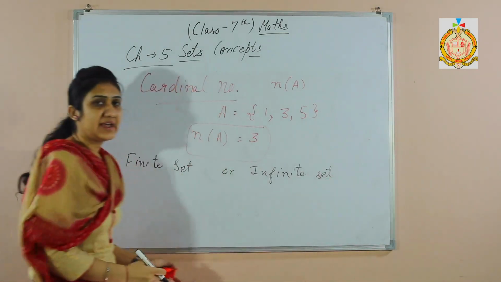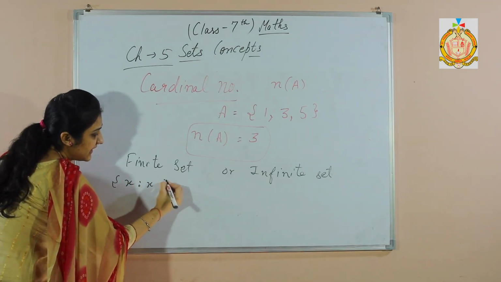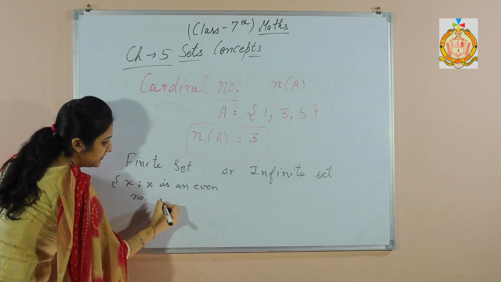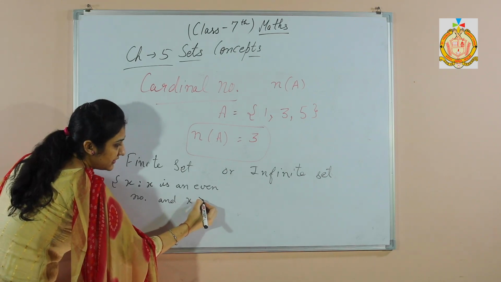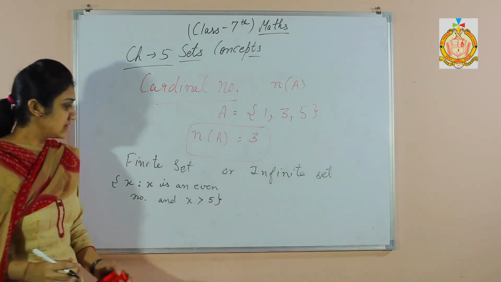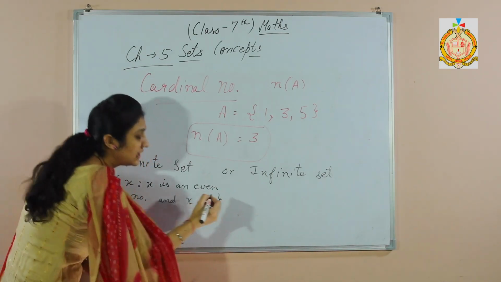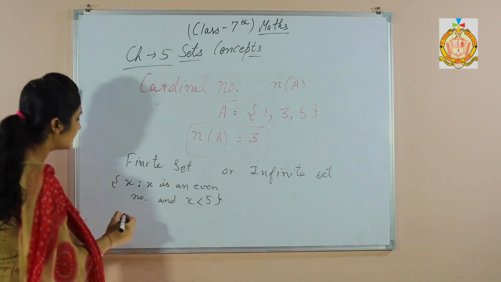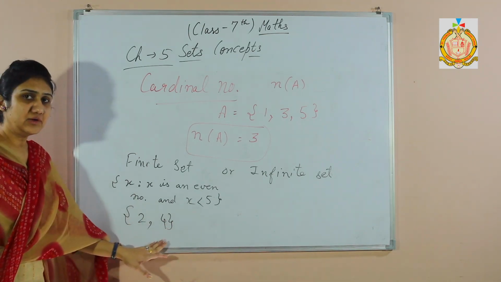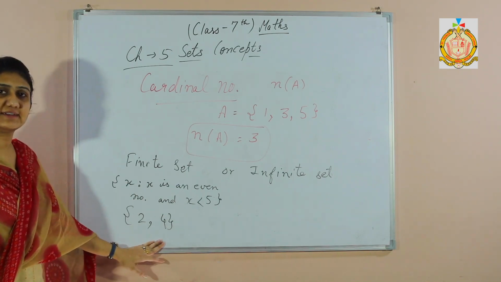For example, if I write x such that x is an even number and x is less than 5, what are the even numbers less than 5? These are 2 and 4. So it has a finite number of elements, so it is a finite set. The number of elements in this set is 2.